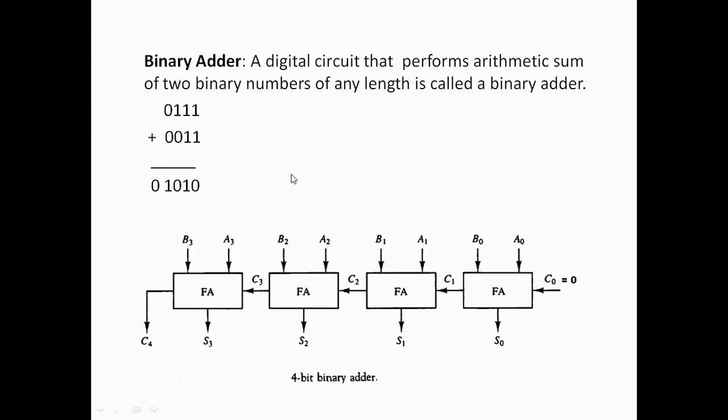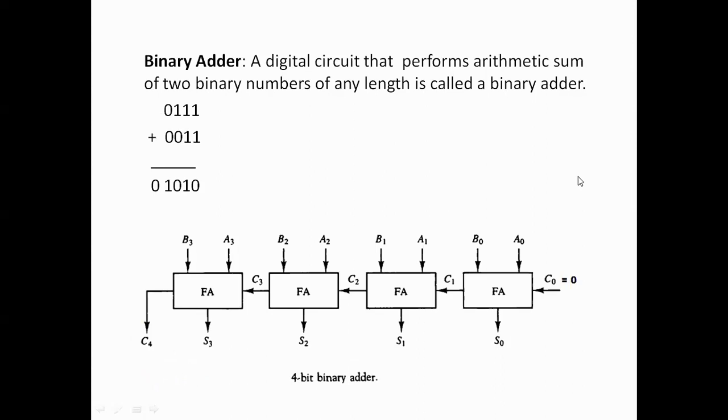Let us first of all see about the binary adder. We know about the half adder. Half adder means a combinational circuit which adds 2 bits. There is a full adder, which means a combinational circuit which adds 3 bits.